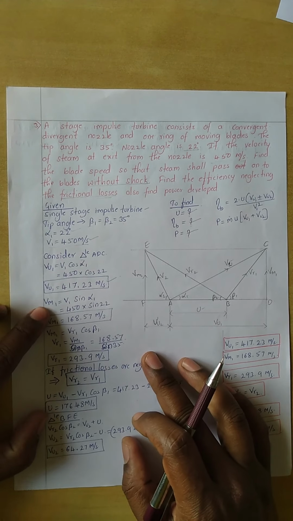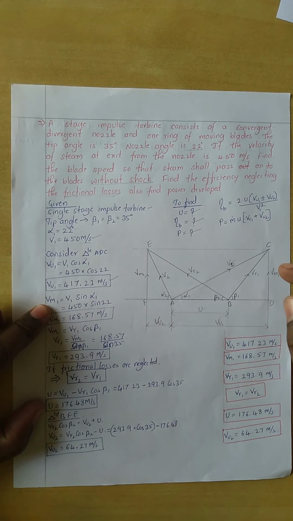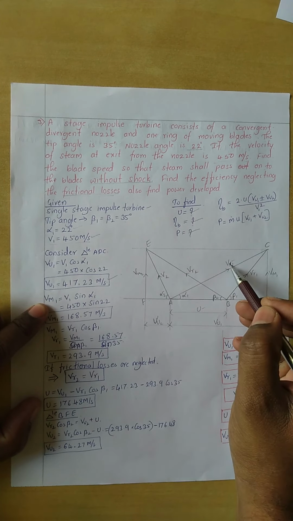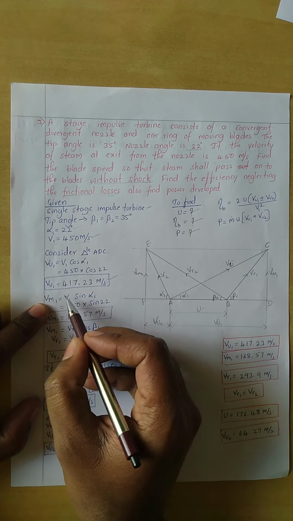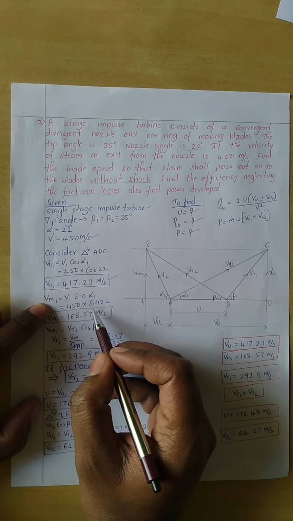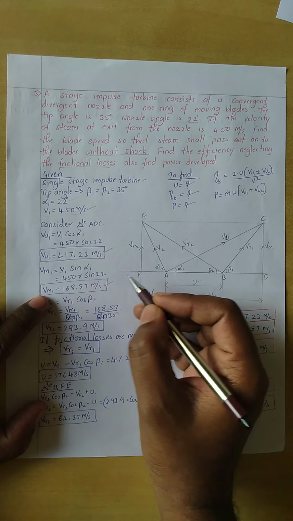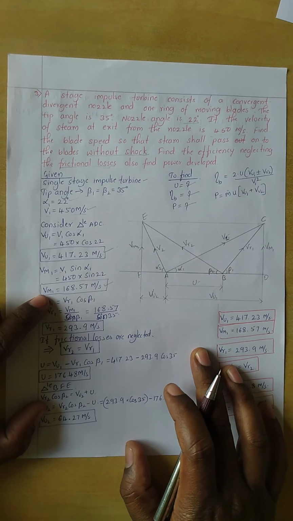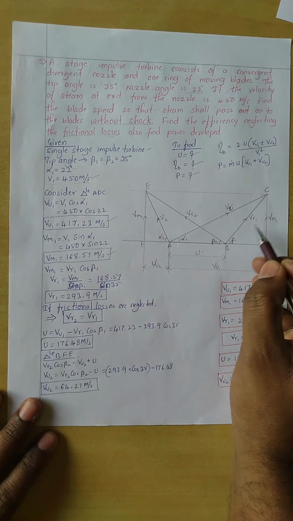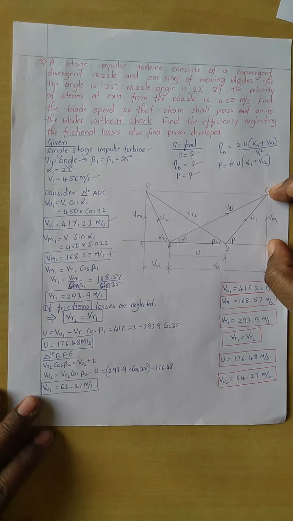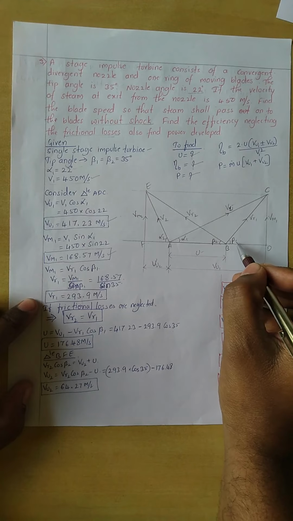Similarly, we can find VM1. VM1 is V1 sin alpha 1, 450 into sin 22, which gives 168.57 meters per second.